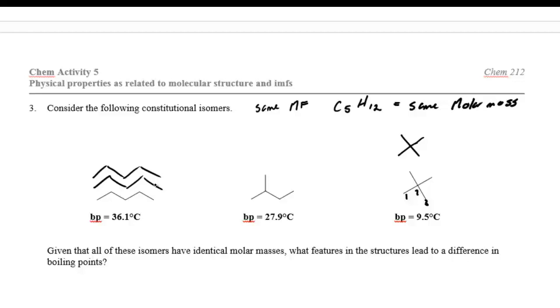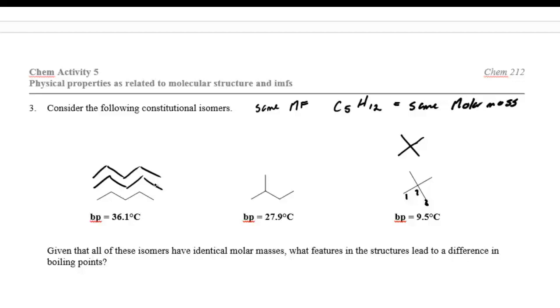And that's reflected in the boiling point. So you can see the boiling point for pentane is 36.1, whereas the boiling point for 2,2-dimethylpropane is only 9.5.